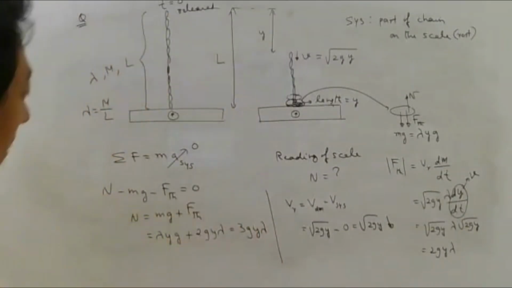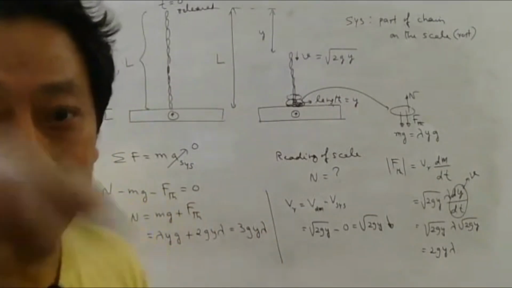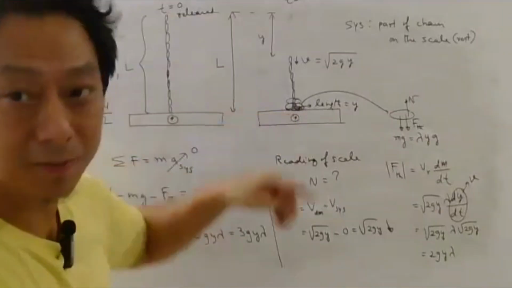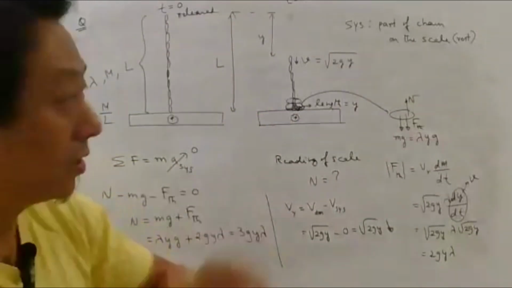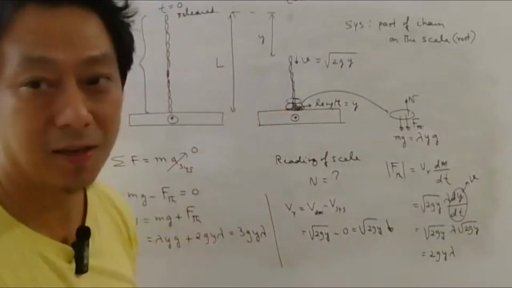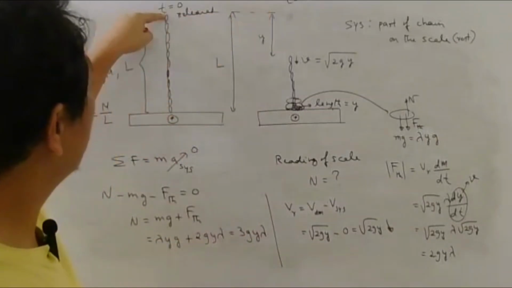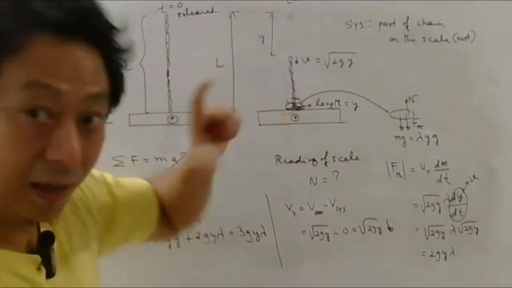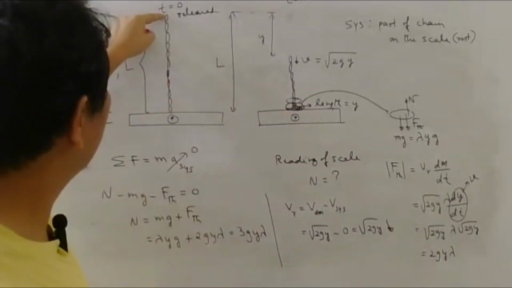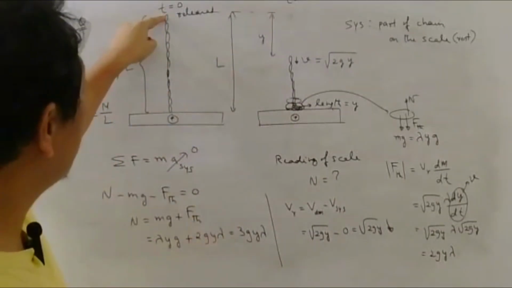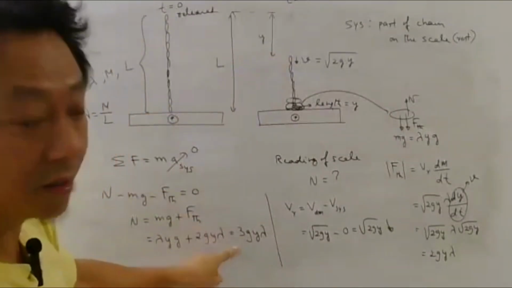Okay, students? Can you tell me, when the topmost end reaches the scale, the last moment when the last end reaches the scale, what will be your y? It will be L, because when this end reaches here, this is the reading.